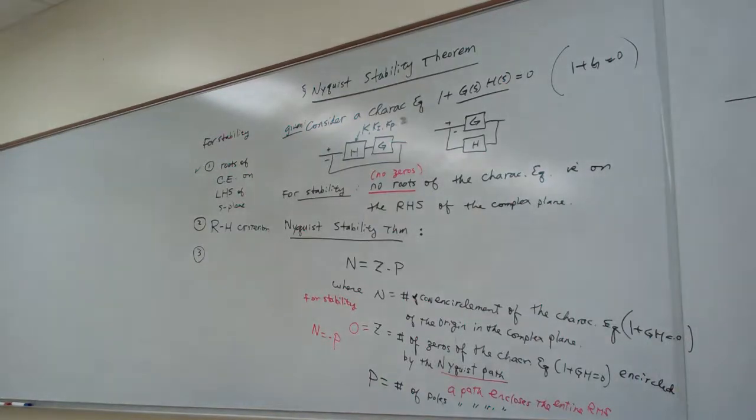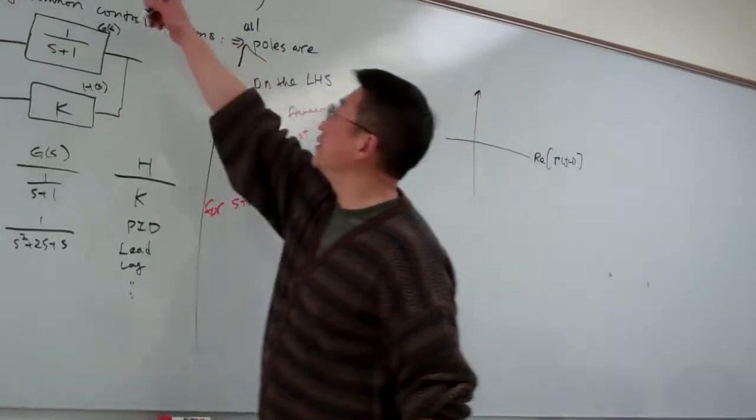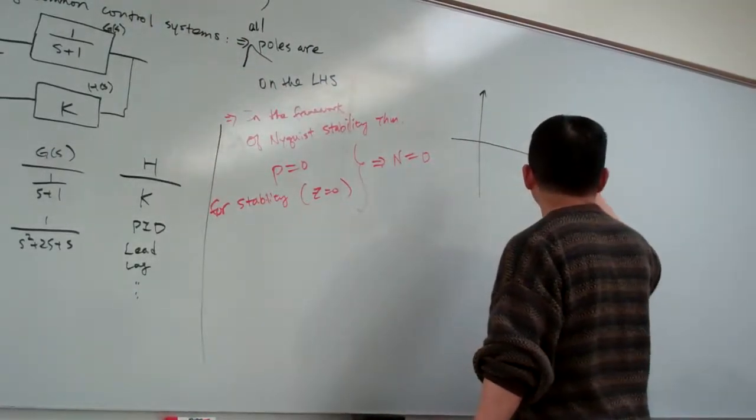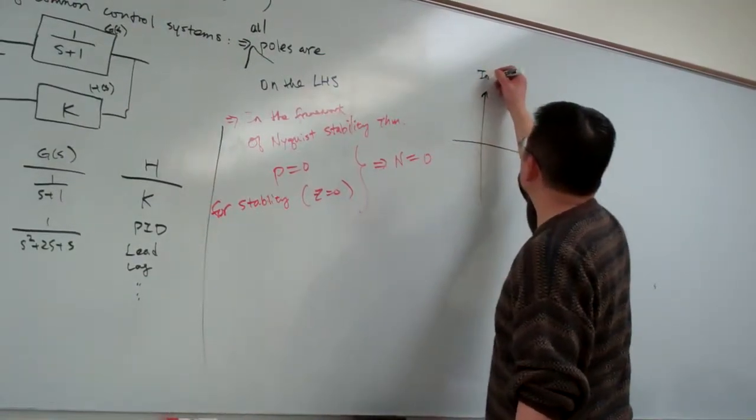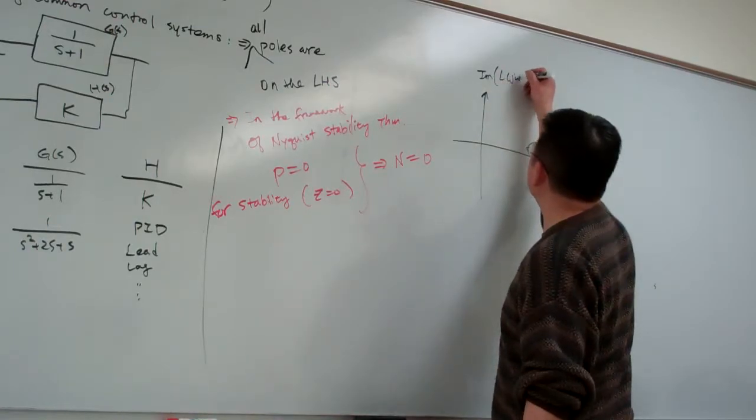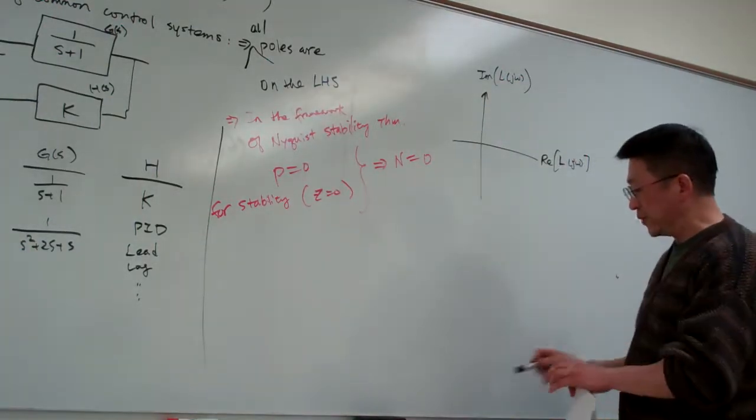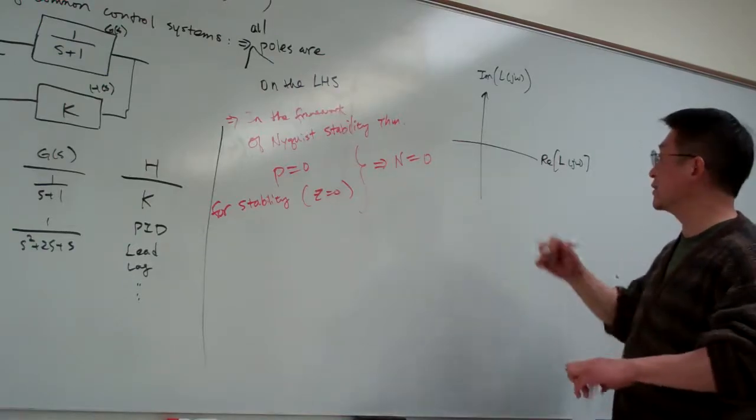So again, here are the two levels of simplification for these common situations. For this case, the plot of the real part and the imaginary part of L of j omega. So basically the plot should be something like this.